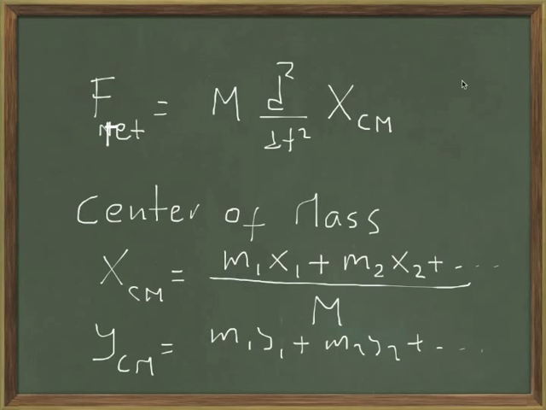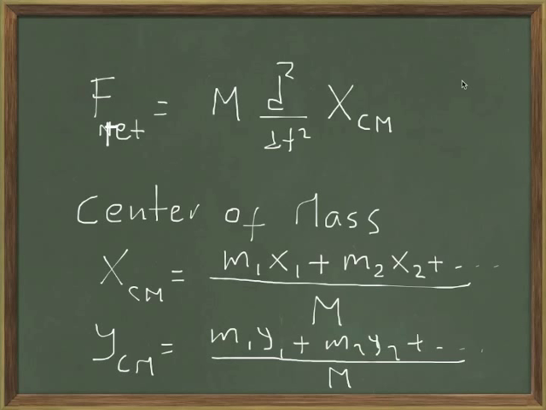As many masses as the system is made of, and you would divide that by the total mass. So that says m1 y1 plus m2 y2 plus m3 y3, etc., divided by the total mass.